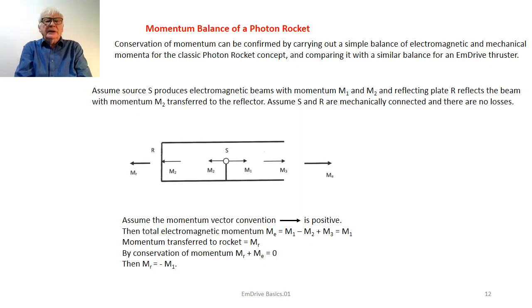Now, if we apply the convention, you can therefore see that MR is going to be equal to minus M1, M1 being equal to M3. So in this case, a simple photon rocket will accelerate in the direction of the net electromagnetic momentum.